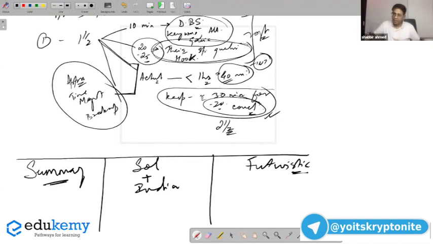How much time for the main body? 40 minutes is yours, right? 30 to 40 minutes is your main body. Approximately about 10 minutes per dimension.